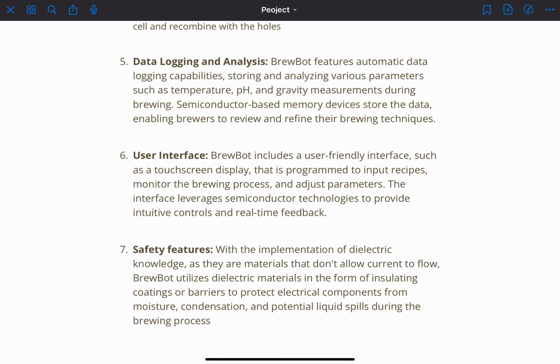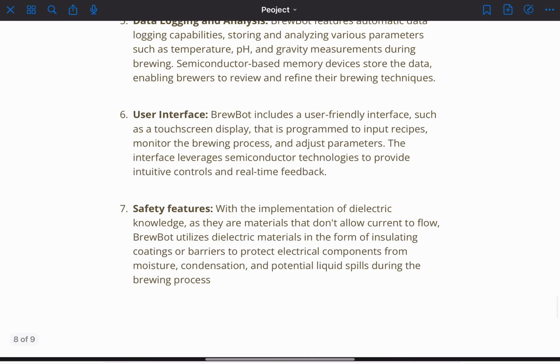That is programmed to automatically input recipes, monitor the brewing process, and adjust parameters by itself. The interface leverages semiconductor technologies to provide intuitive controls and real-time feedback.